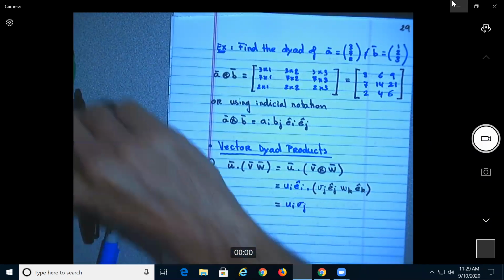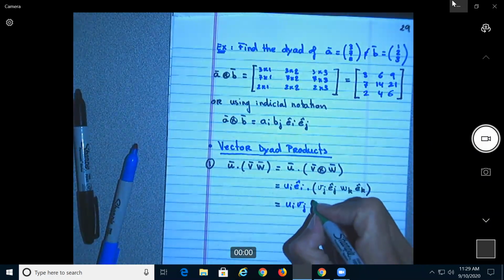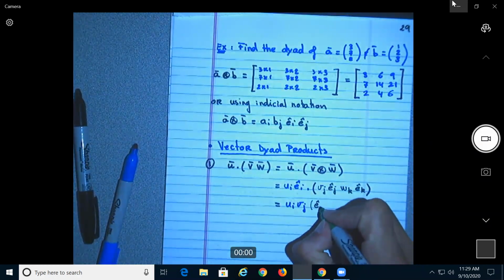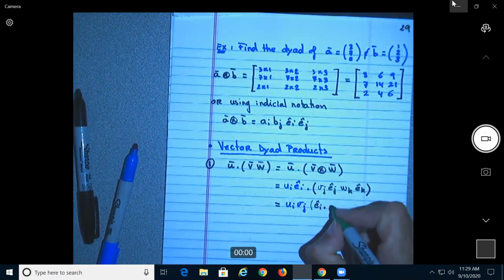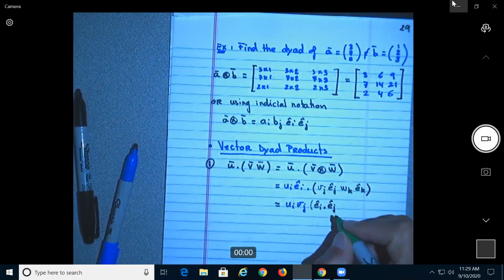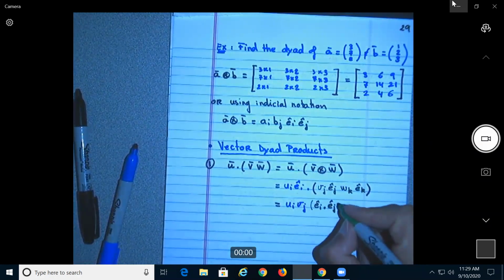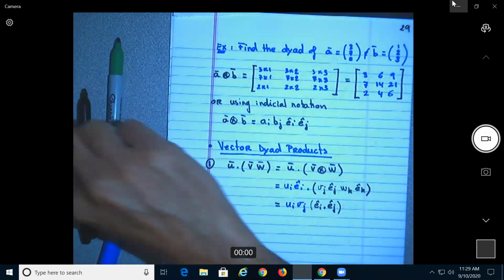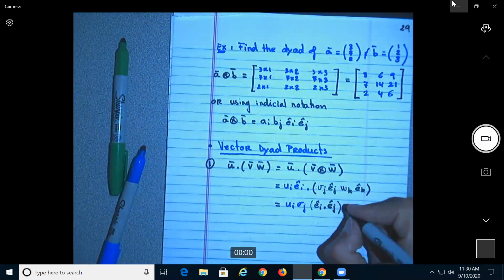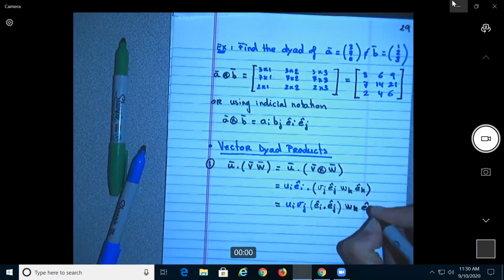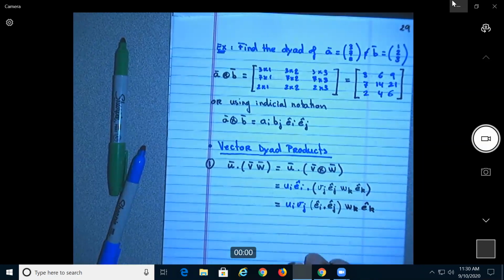This will give you here e of i dot e of j, sub k, e of k.